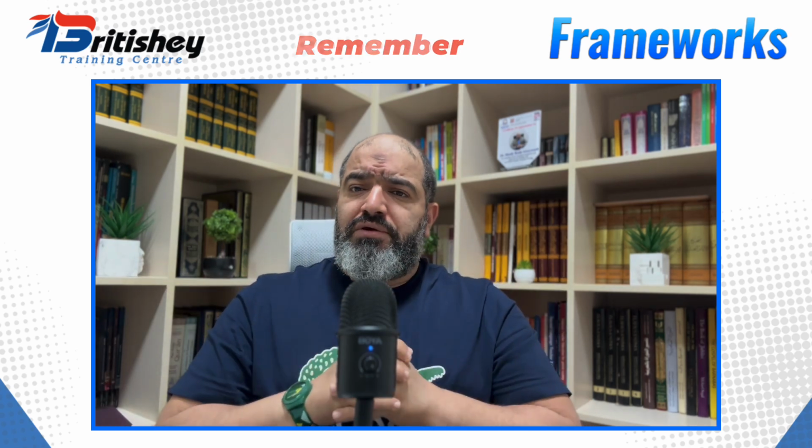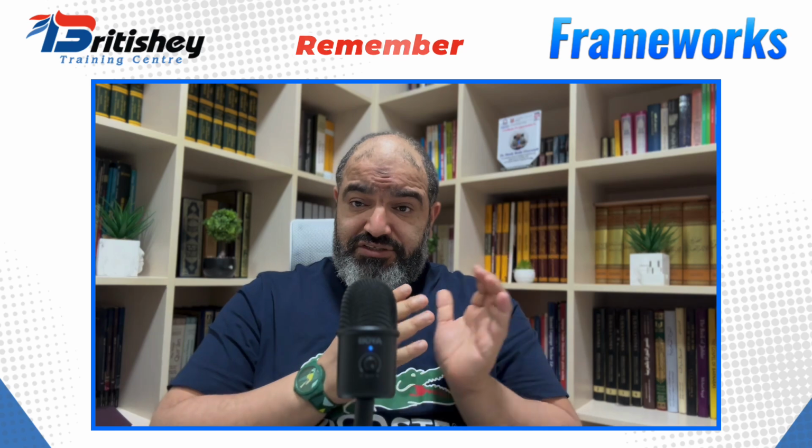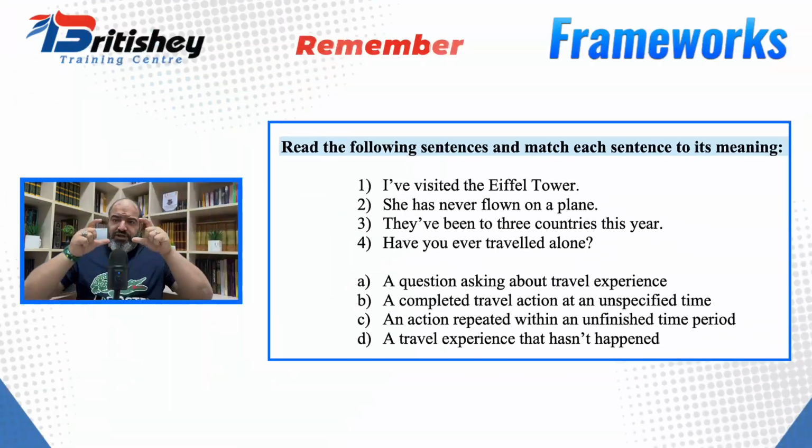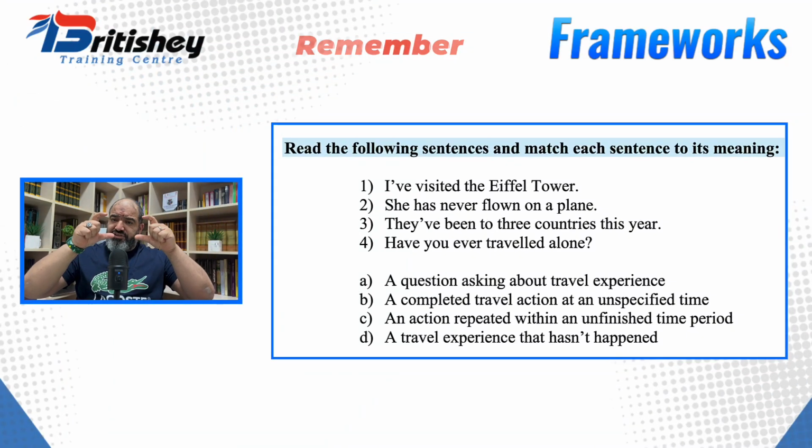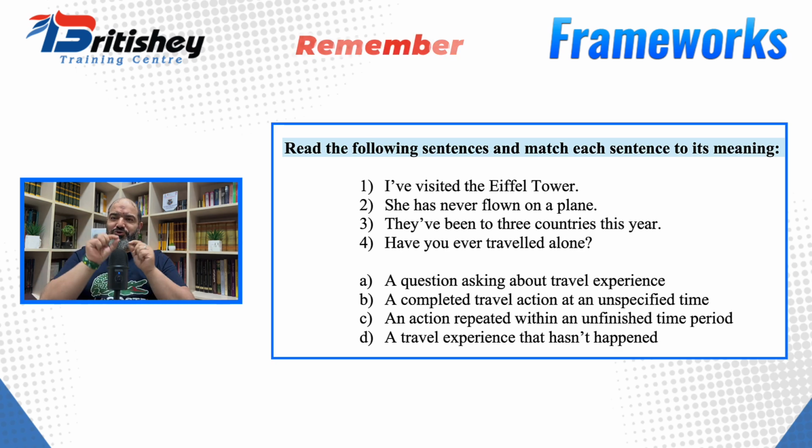So, for example, when it comes to teaching meaning, as you see in this activity on the screen, you can have 4 present perfect sentences and 4 functions, and you ask your students to match the sentence with the function. Let's have a look at it.